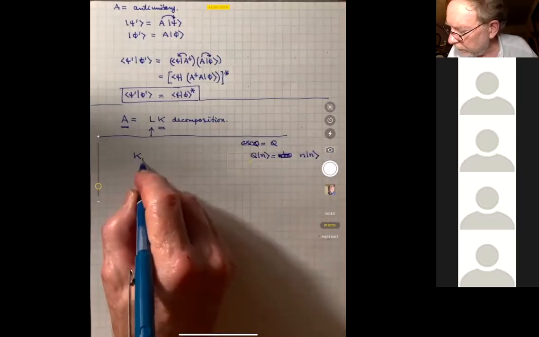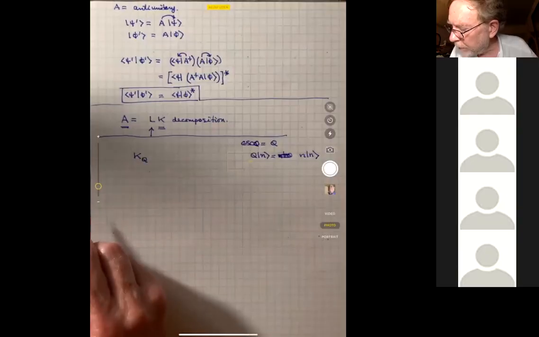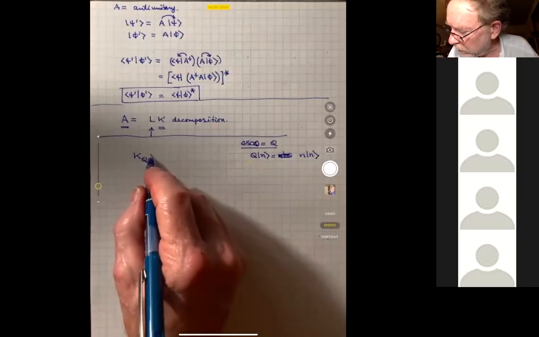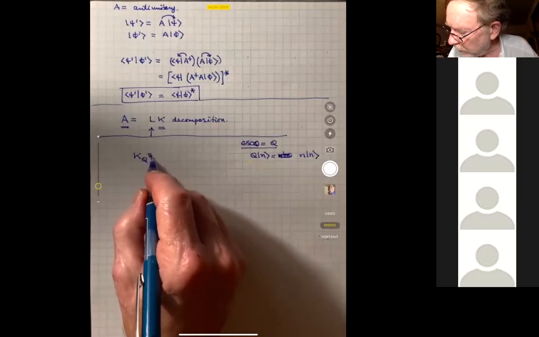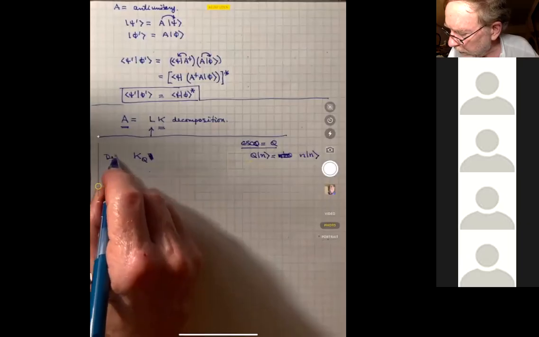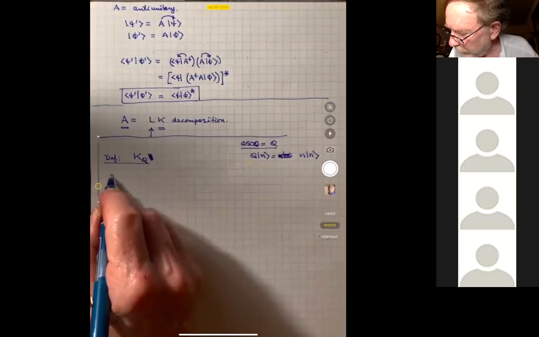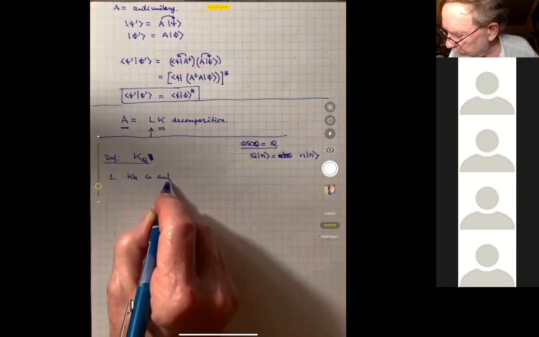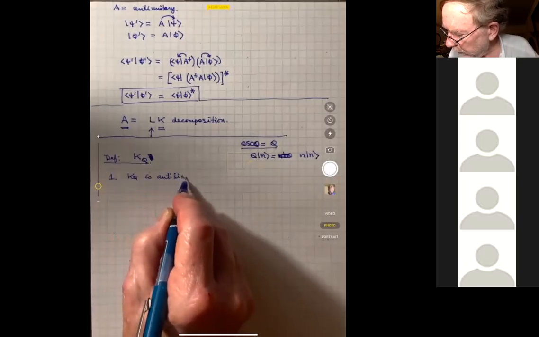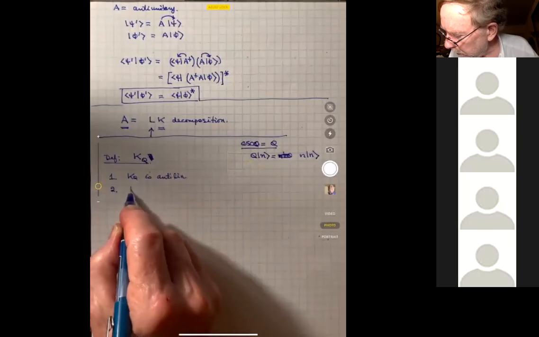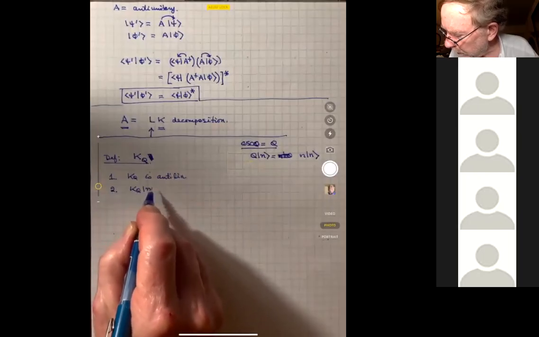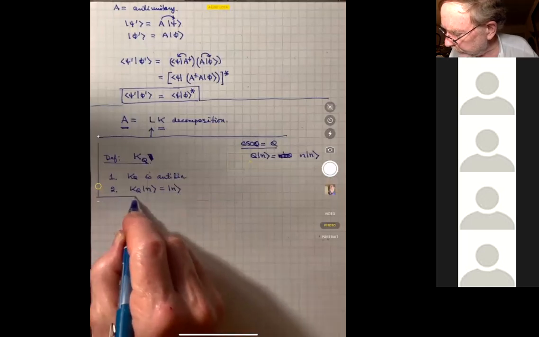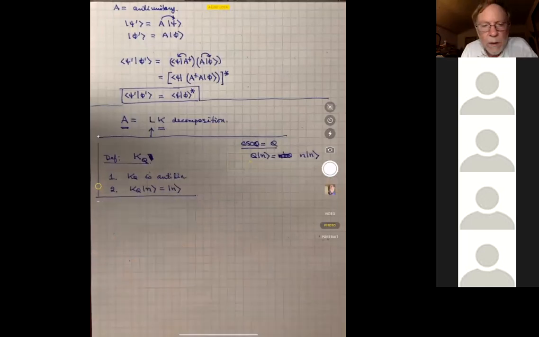Now let me define an antilinear operator associated with this complete set of commuting observables and call it K sub Q. And it's defined in the following way. The first property is that K_Q is antilinear. And the second part of it is that K_Q, acting on the basis states |n>, just maps them into themselves, leaves them invariant.